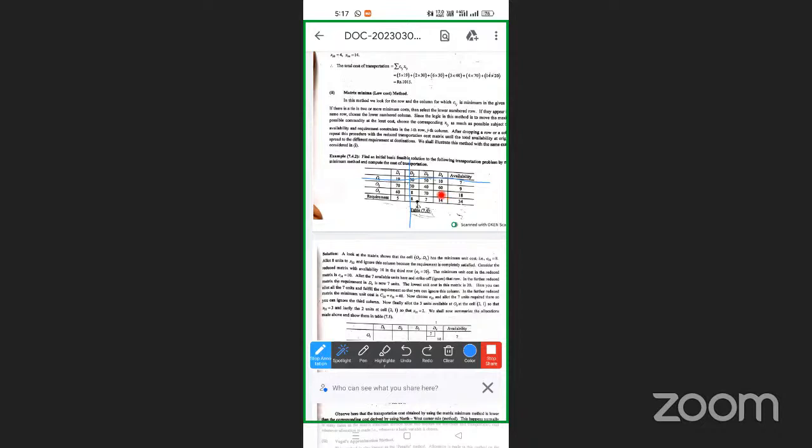Take the minimum of row requirement and column requirement: minimum of 7 comma 18 is 7, so allocate 7 at C27.